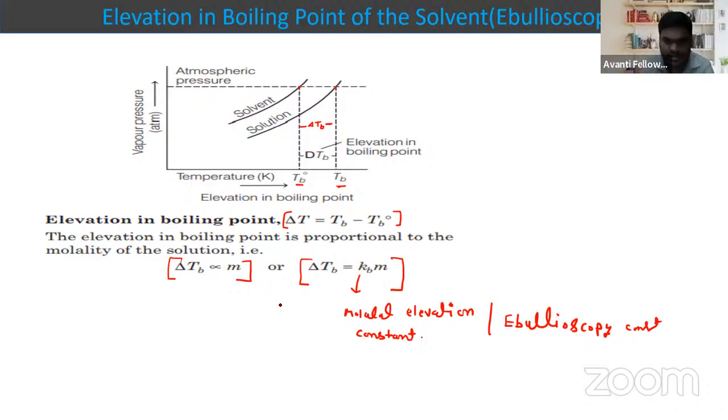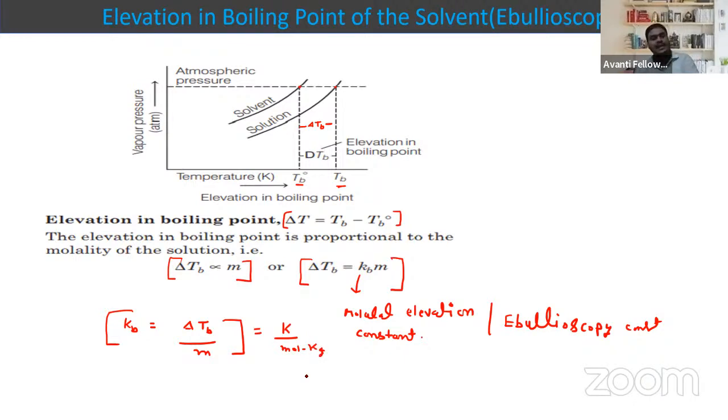What is Kb here? How will you find the unit of Kb, beta? We know from this equation itself that Kb is equal to delta Tb upon m, right? So we know that the unit of delta Tb is Kelvin, and the unit of m is molality, that is moles per kilogram.